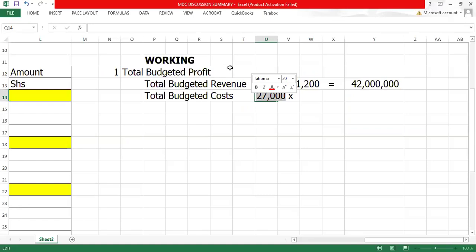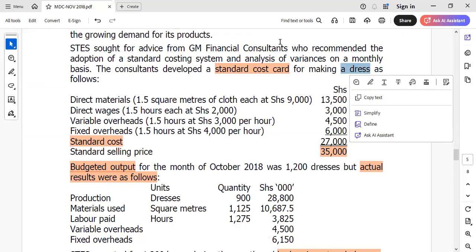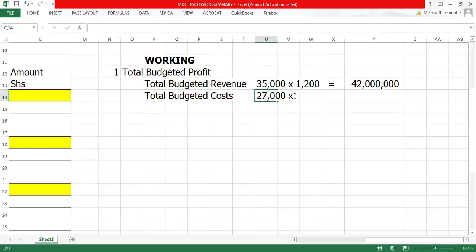They told you this is a standard cost card for making a dress. So you get that 27,000 times 1,200. That's what I have.